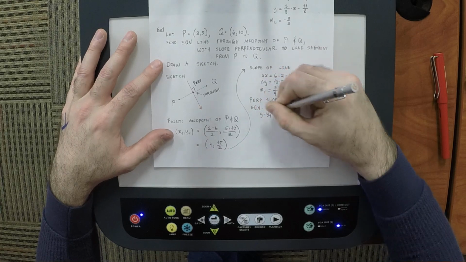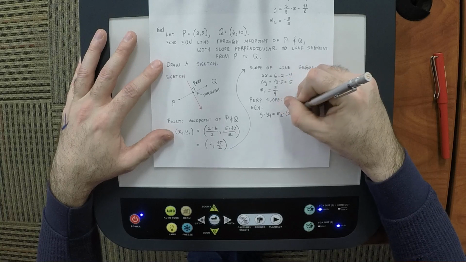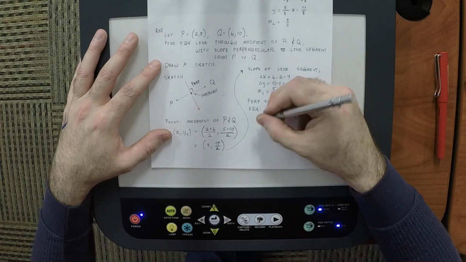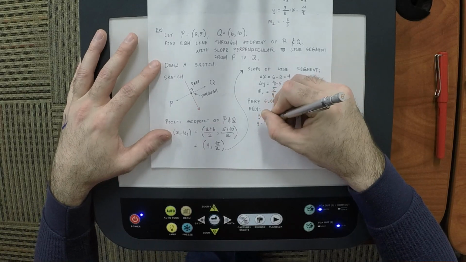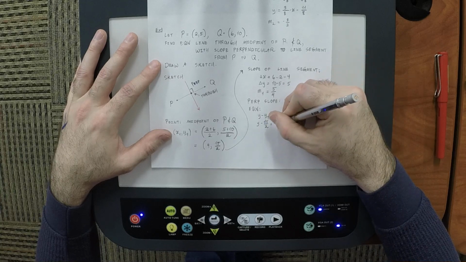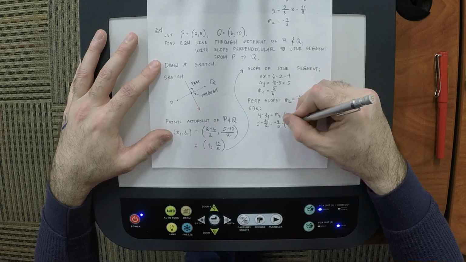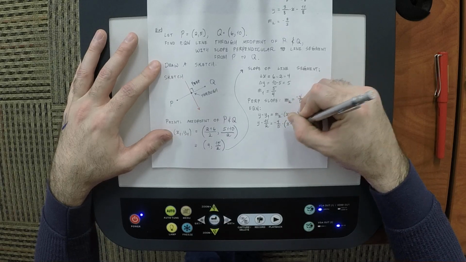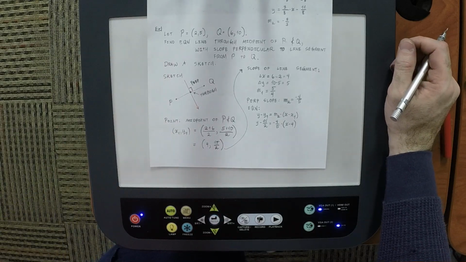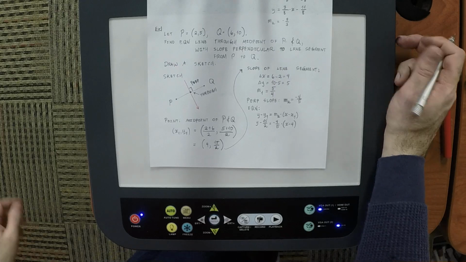So y minus y1 is m2 multiplied by x minus x1. Okay, so y minus 15 over 2 is negative 4 over 5 times x minus 4. Okay, and the instructions on exercises are going to say solve for y. Put it in slope-intercept form.